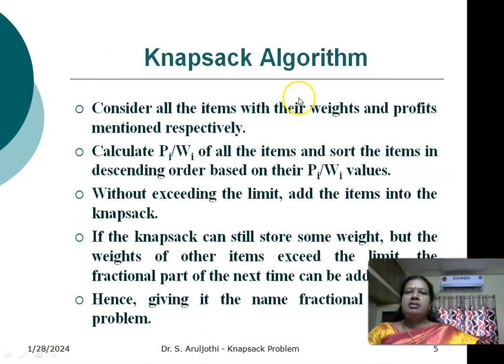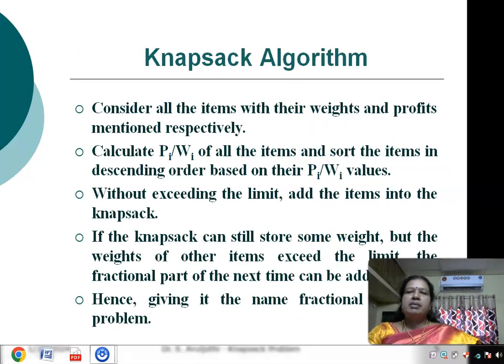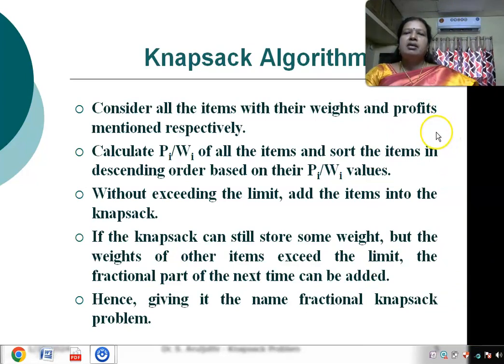Next, these are the steps to be followed in the knapsack problem. Consider all the items with their weights and profits respectively. Calculate Pi by Wi. I have calculated the solution to a problem with an example in the next slide.